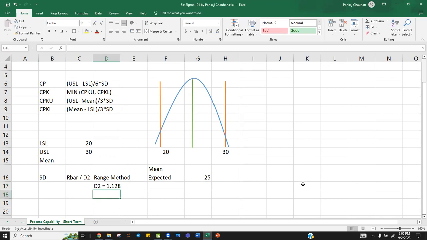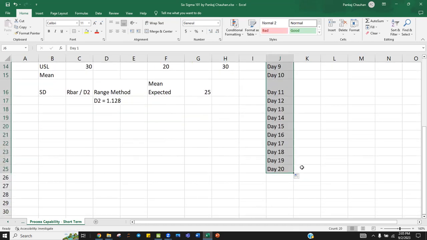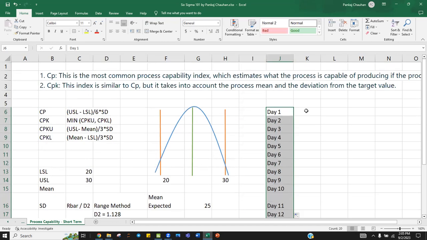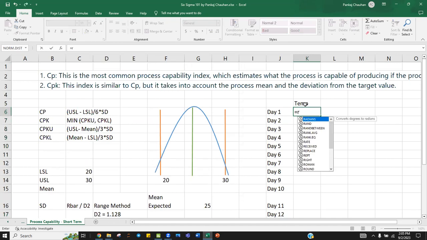Let's see. Suppose you are collecting the data on a day basis for the air conditioner temperature, and here is your data for the last couple of days. Let's assume 20 days of data you've collected. Let me generate random temperature data, with decimals as well.